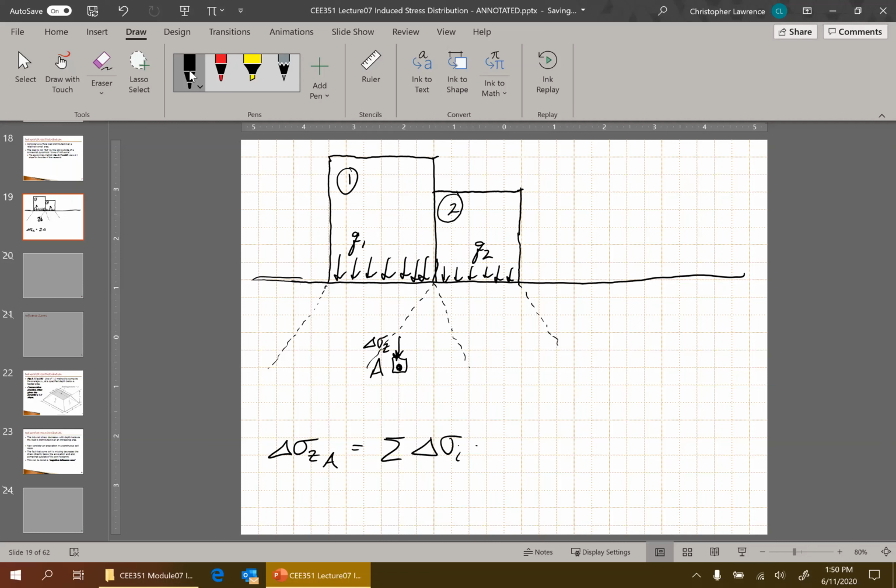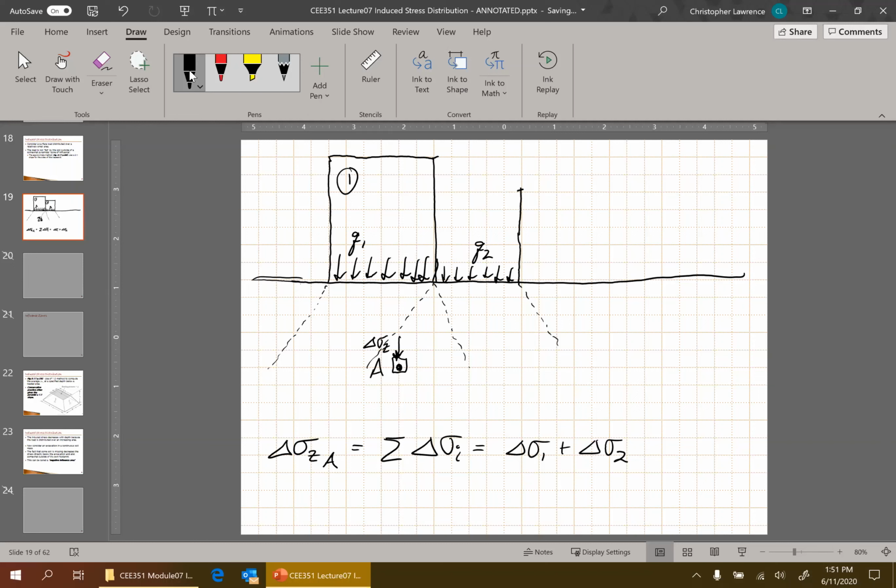Maybe we have the induced stress from structure 1 and the induced stress from structure 2. They are both influencing point A.